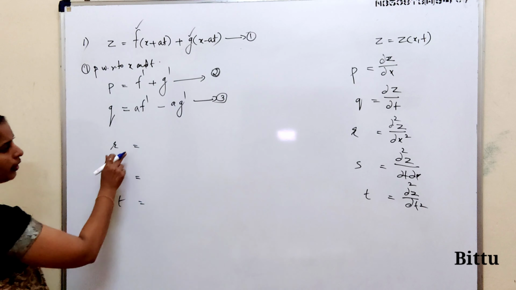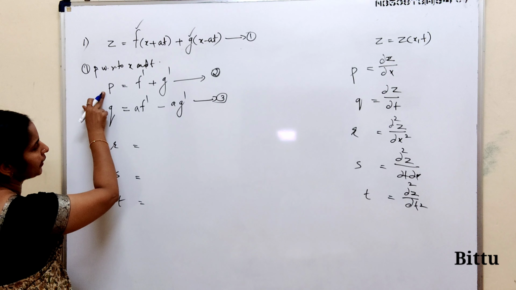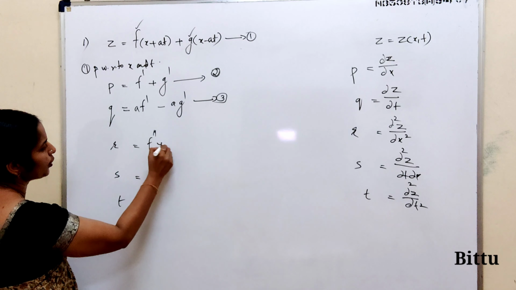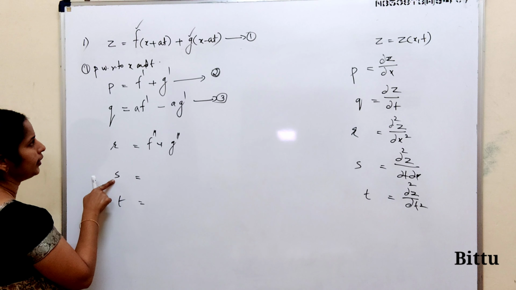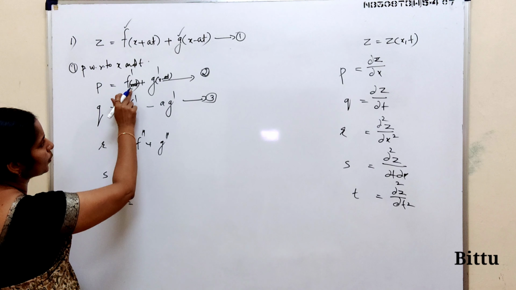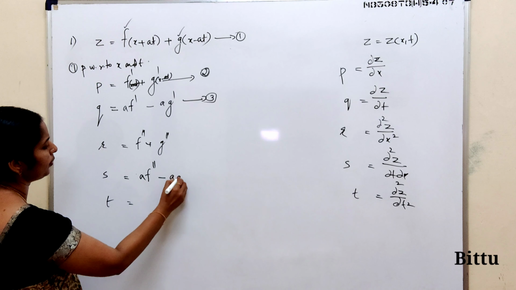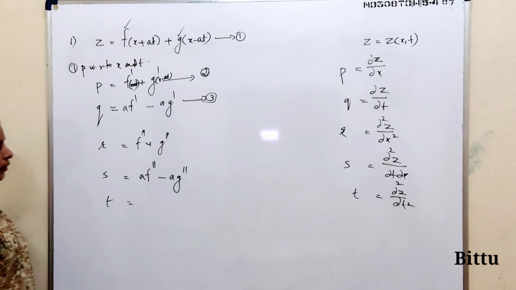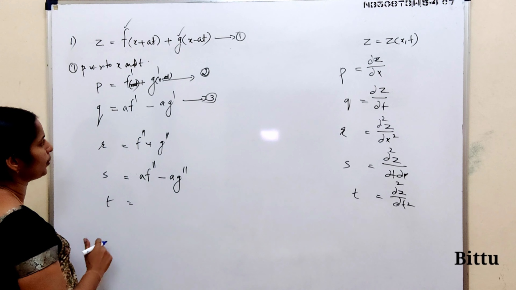What is r? r is dou square z by dou x square. You differentiate p with respect to x. Again f double dash plus g double dash. Next, s. For getting s, you differentiate 2 partially with respect to t. Derivative is f double dash into a minus a into g double dash. What is t? t is you differentiate 3 partially with respect to t.